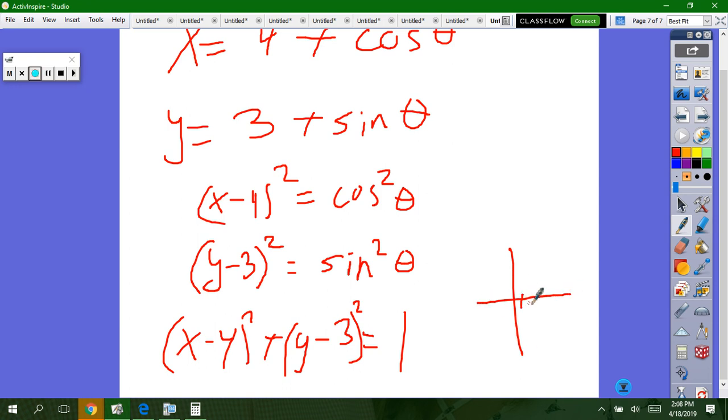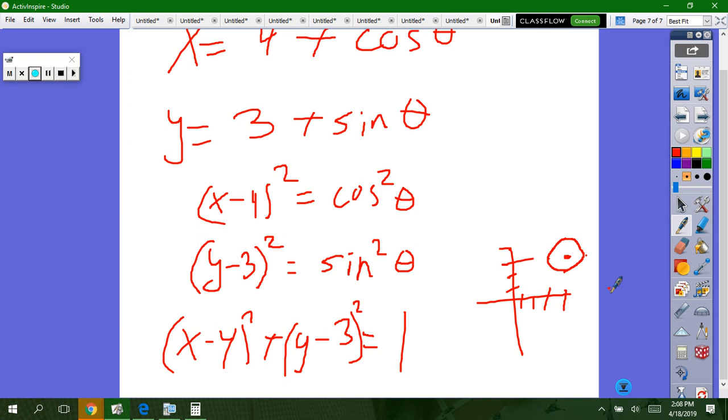Remember, this shifts us to the right 4, up 3, with our radius of what? 1. You just take the square root of the other number on the right-hand side. Pretty good?